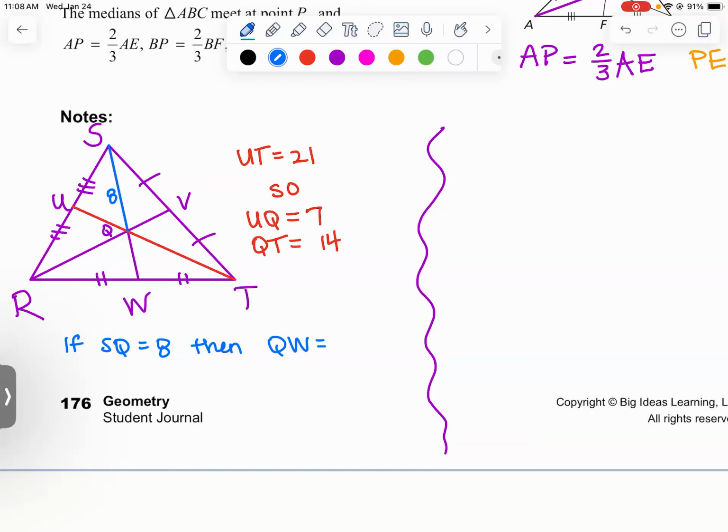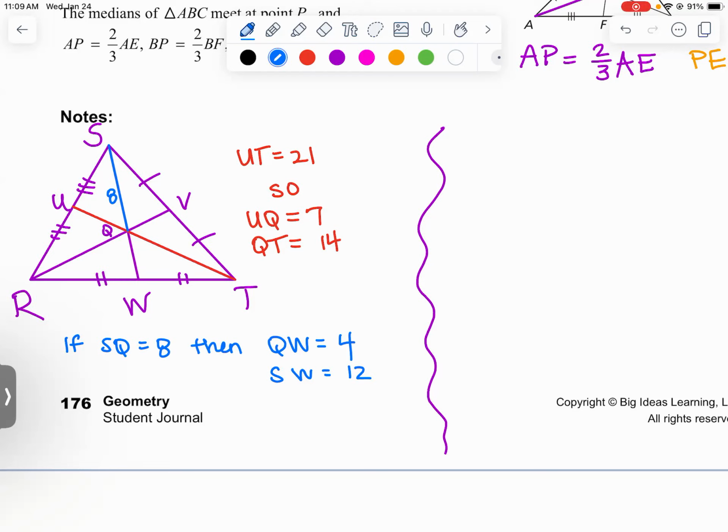If SQ is 2/3, QW is going to be 1/3. 1/3 is half of 2/3, so if this is 8, this is 4, for a total of SW equal to 12.